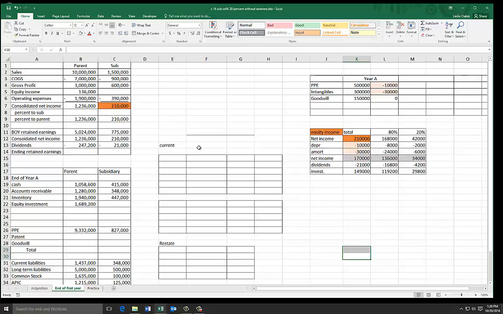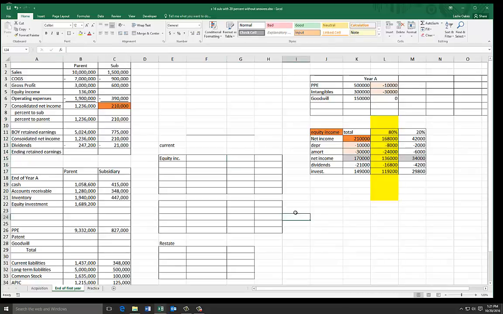So that we have to eliminate all of this current stuff that's happened on the parents' books, and we have to indicate, well, we're going to combine all the income, but not all the income should be combined in the consolidation. Some of it has to be attributed to the non-controlling interests. So we're going to make 2 journal entries. They can be combined in one. And the first is just, again, that equity income. Can't report it twice.